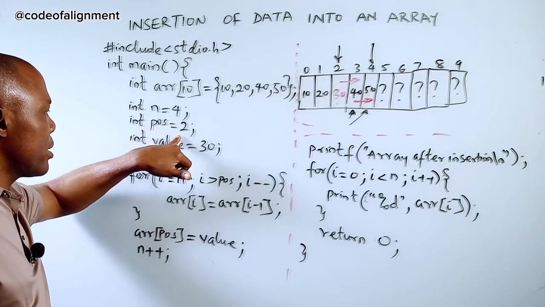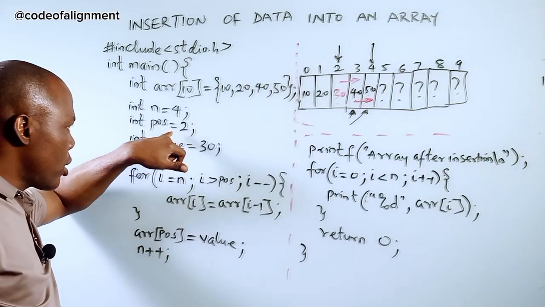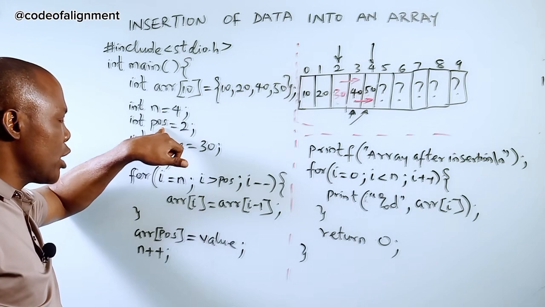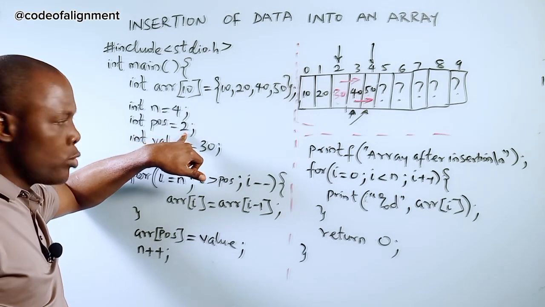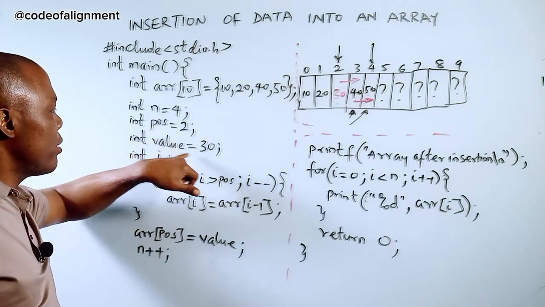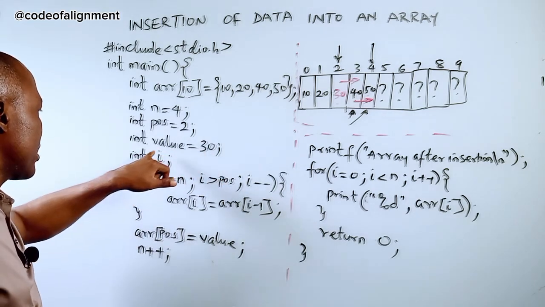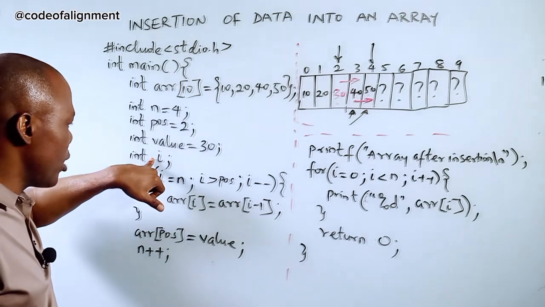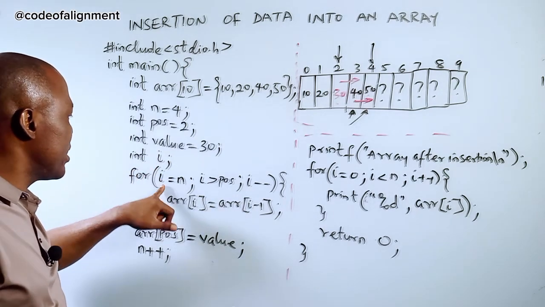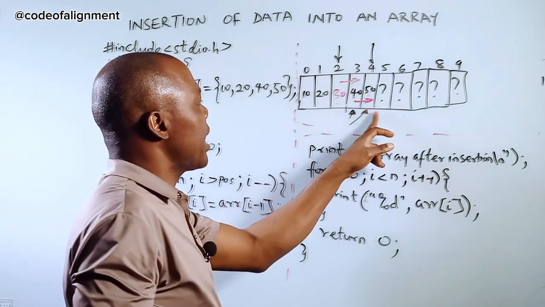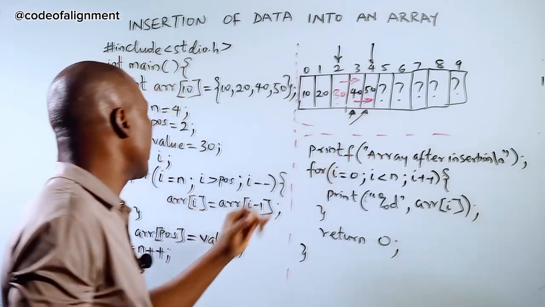And then I'm creating a memory location called position, that is pos, for index 2. And int value, another memory location, for the value that I want to insert. Then I'm declaring this loop counter. So I'm assigning this my loop counter, meaning come to the last place, which is here initially.